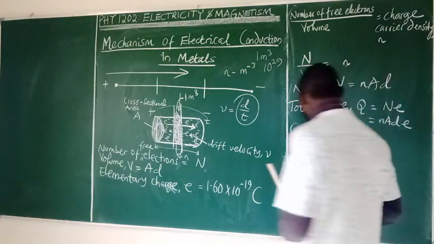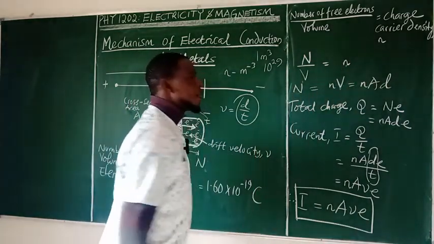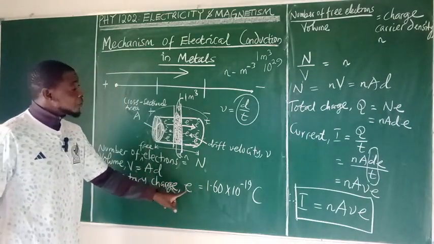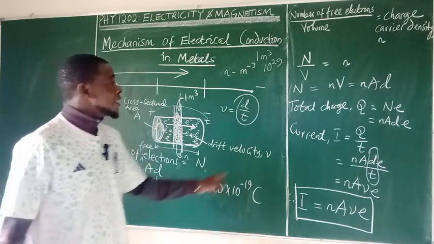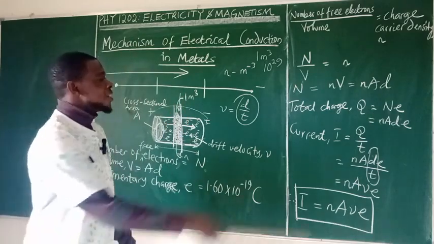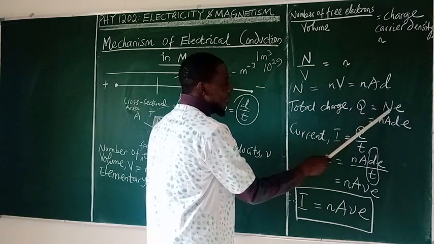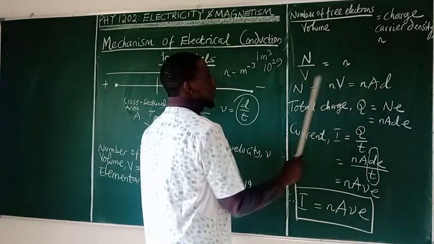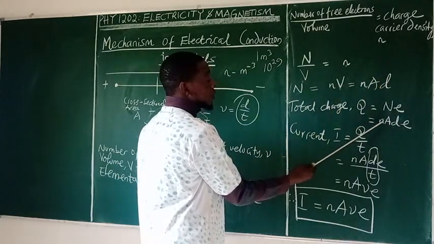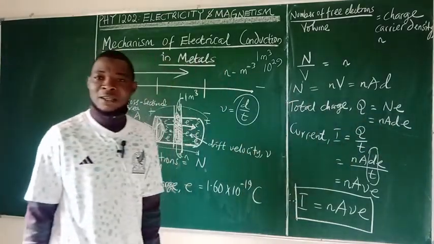Then to get the total charge, since this is the number of electrons, a single electron has a charge of e. So when I multiply my e by N, their number, I will get the total charge. So total charge Q equals Ne, and my capital N from the previous formula is nAd. So instead of N, I put nAd, then I bring my e here. This is the total charge.